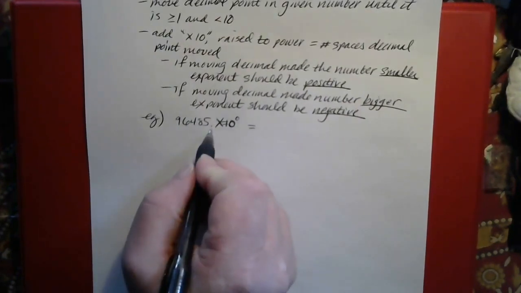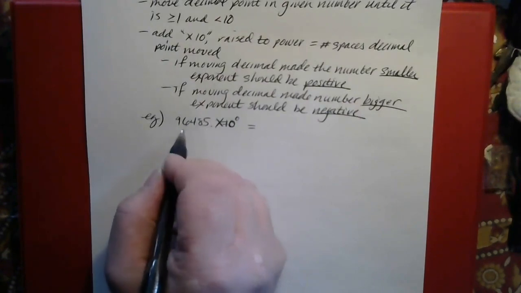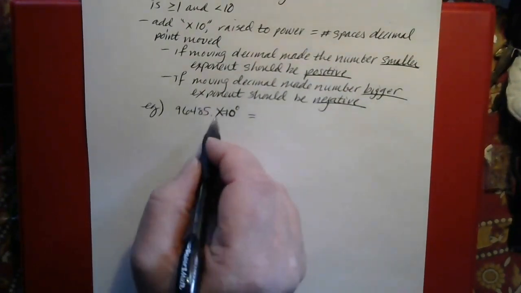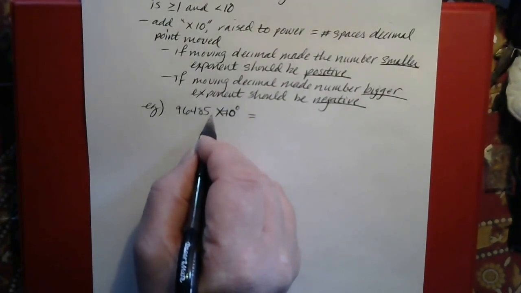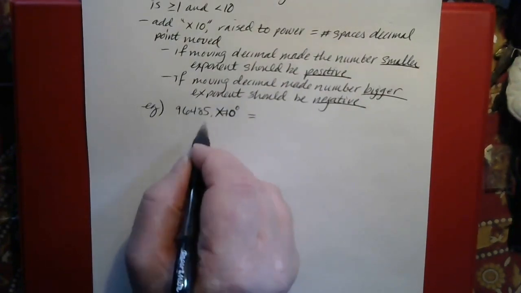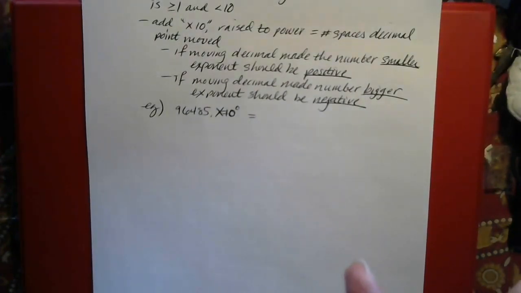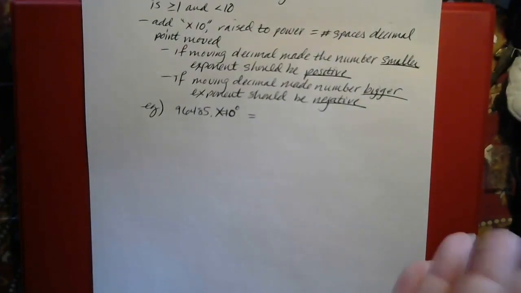If you move this decimal point to make the first part of the number between 1 and 10, you have to move the decimal point to the left. Obviously, if you move it to the right, you're making the number bigger. It would be 964,850. You're getting further away from that range of 1 to 10.